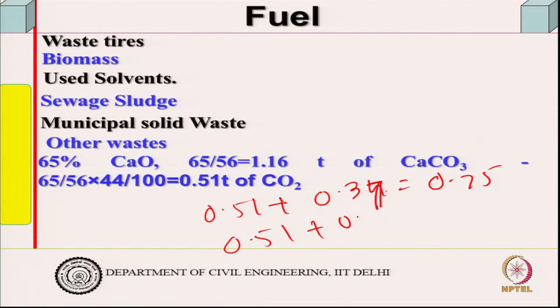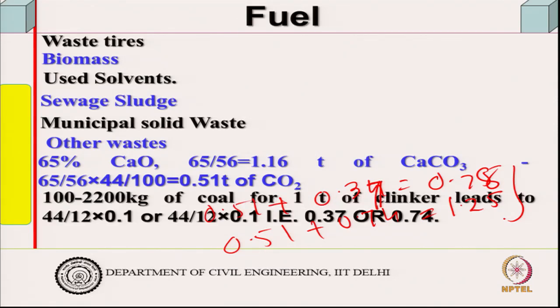So, how much will this make it? 1.25. So, on an average, if you look at it, I can say that 1 ton of cement produces 1 ton of carbon dioxide. So, that is the issue actually, and that means you would need more carbon land for sequestration of this carbon.